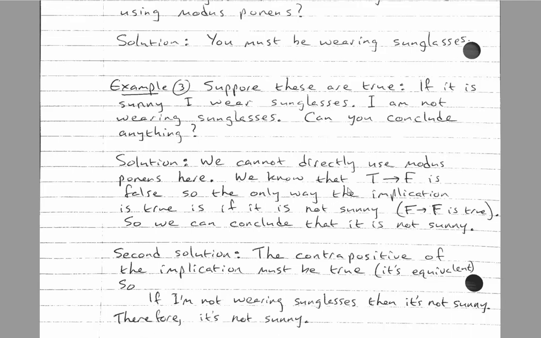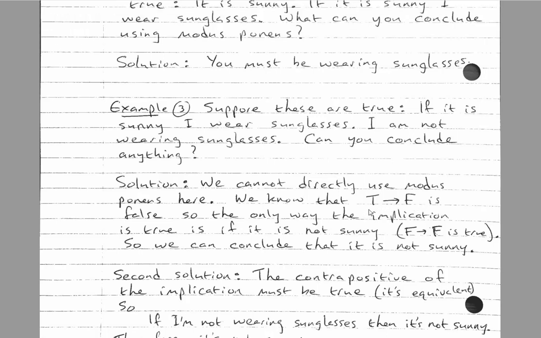But we can look a little more closely. We know that something true implying something false is false. So the only way this implication can be true is if it is not sunny, since false implies false is true.